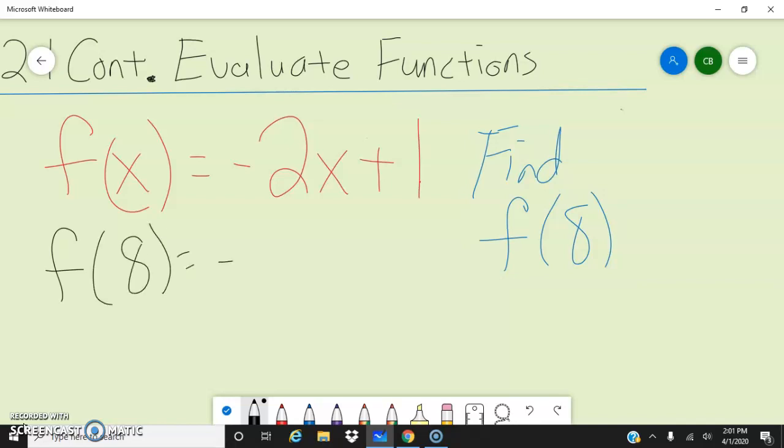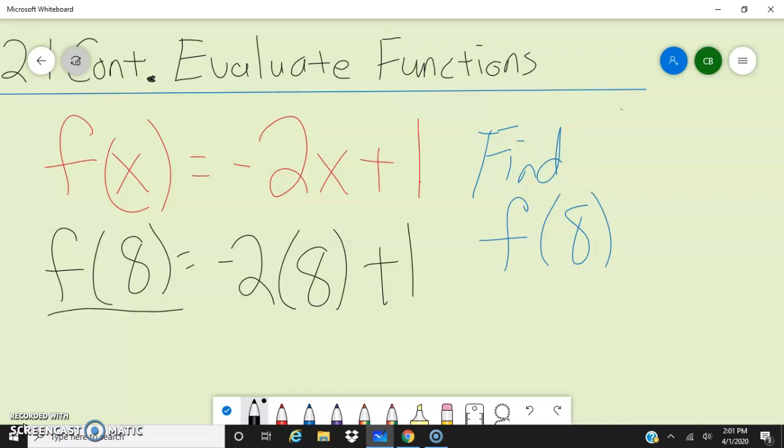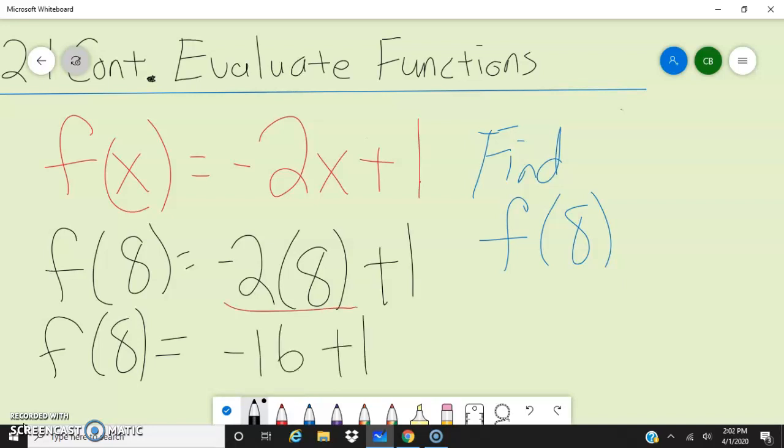So f of 8 equals negative 2x, well, we're plugging in 8 for x, and plus 1. So f of 8 equals negative 2 times 8, which gives me negative 16, plus 1.